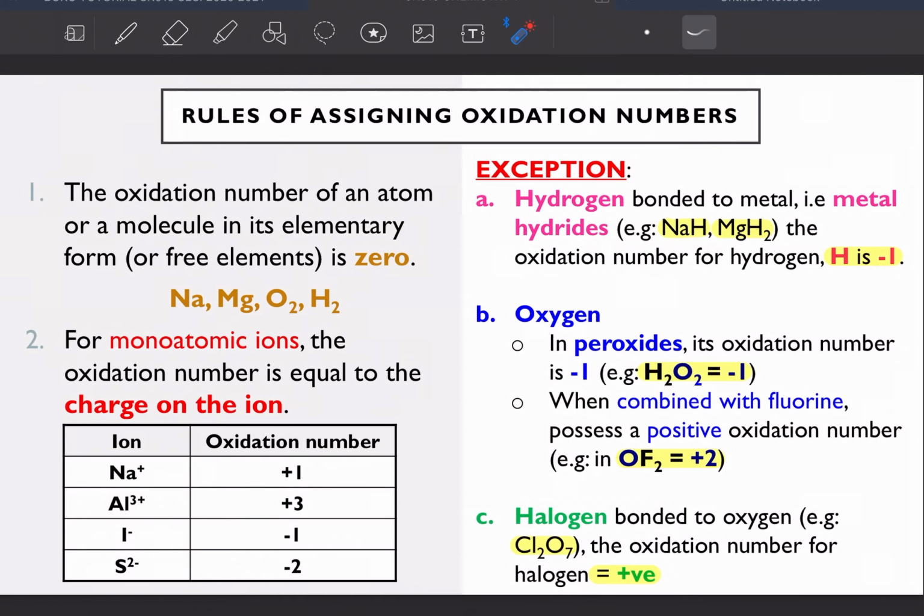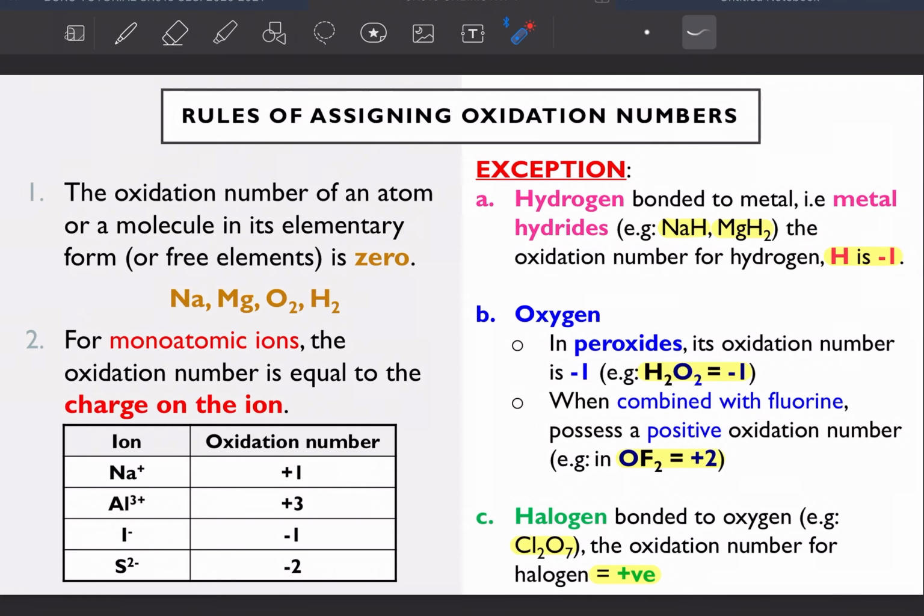But there are exceptions, guys. Ada pengecualian. Okay, katakanlah when your hydrogen, let's say hydrogen bonded to a metal, okay, maksudnya dalam metal hydride macam NaH, sodium hydride dengan magnesium hydride, okay, the oxidation number for hydrogen is H is -1.